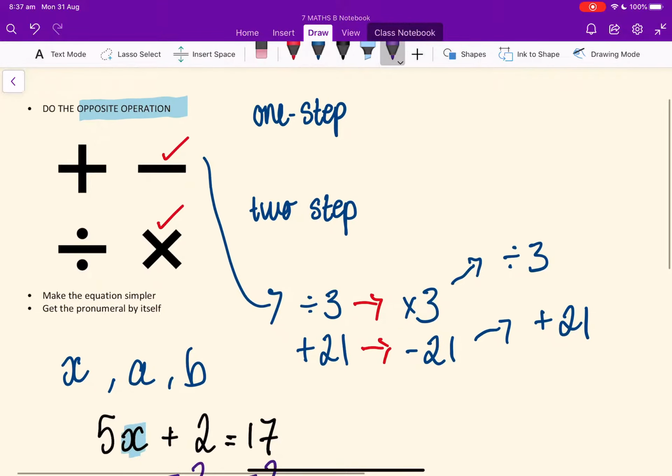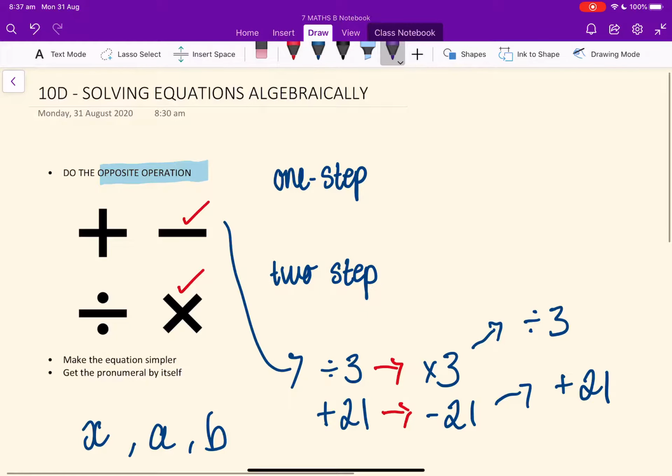Now, before I get started, I want to keep in mind we're going to do 2 types of problems. The first one is one-step equations, and the second one is 2-step equations. Now, with one-step equations, we're just going to basically do one step, and with 2-step equations, it's just going to use an extra step.